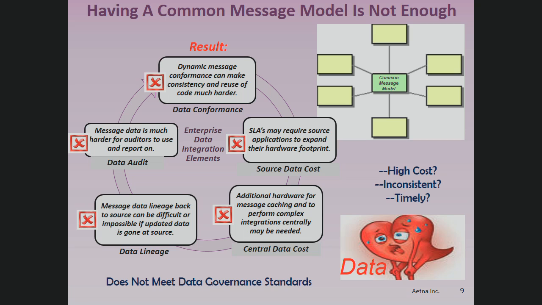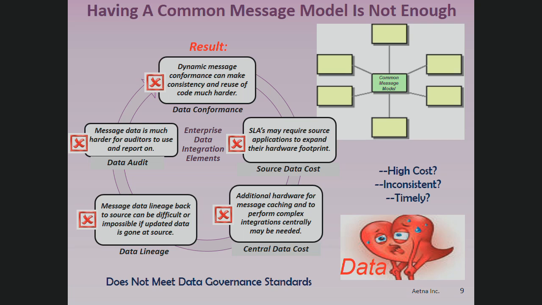Data conformance. You can get consistency and reuse, but it can become hard. What we've noticed, a lot of service-oriented architects can put services together without knowing what other services are doing. They're doing the same things. They're trying to conform data, they're trying to match to a model in different ways, so you get inconsistencies.